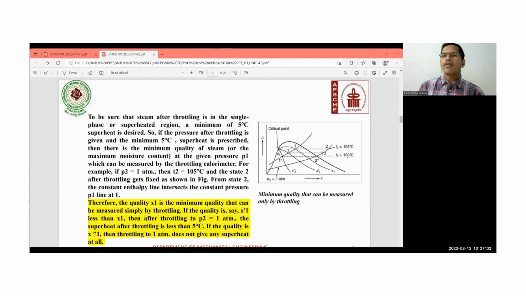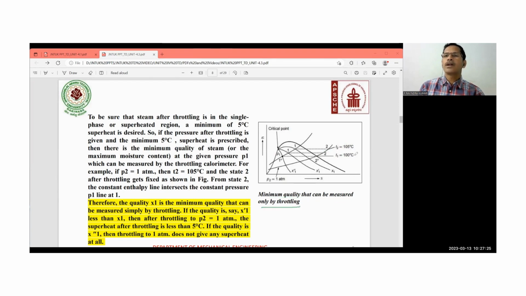From 100 to 105, a minimum degree of superheat is required in a throttling calorimeter. So if T1 is 100 degrees centigrade, in the throttle valve it has to reach a minimum of 5 degrees centigrade of superheat, so that it indicates the minimum quality that can be measured by throttling.